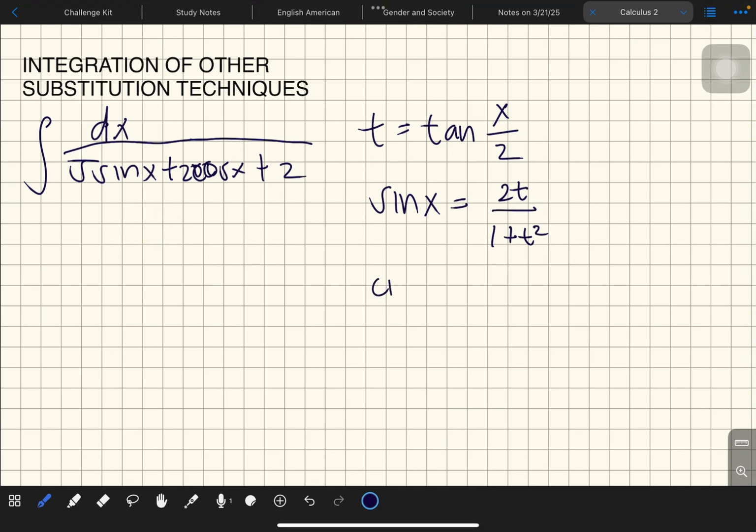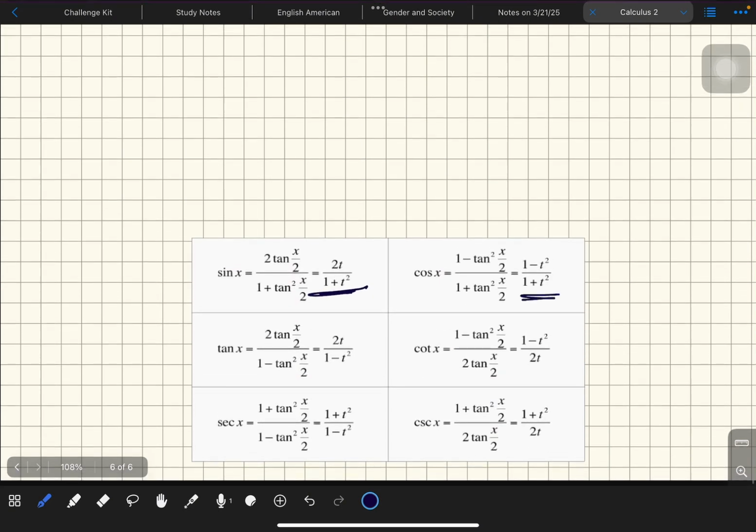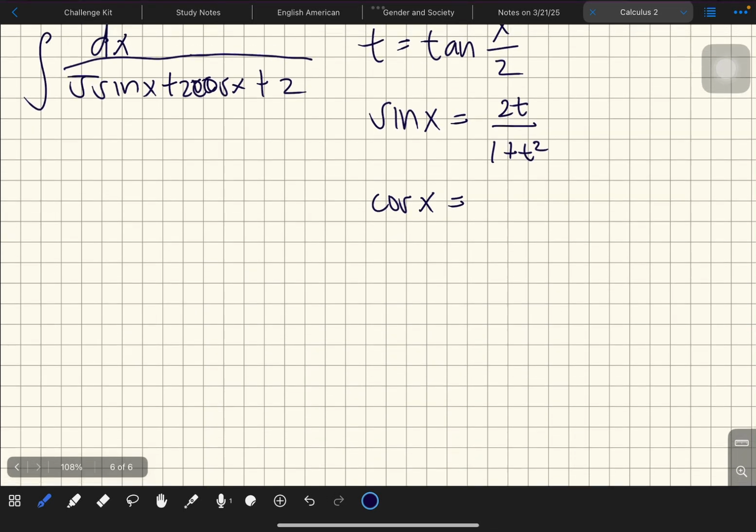Now, our cosine x is equal to 1 minus t squared over 1 plus t squared.